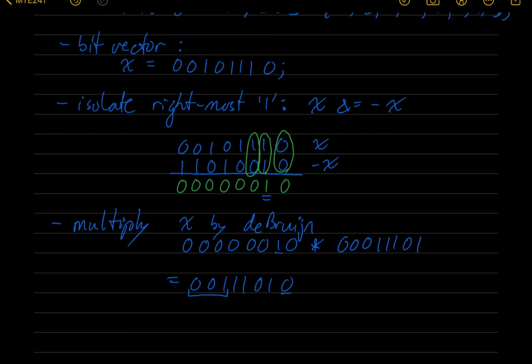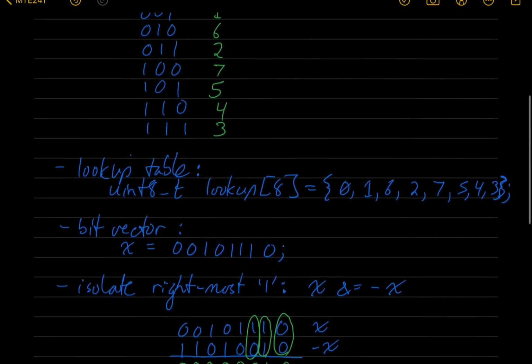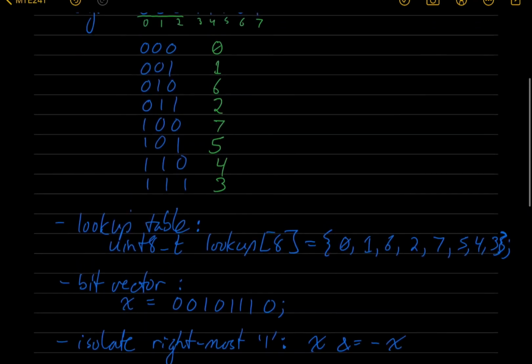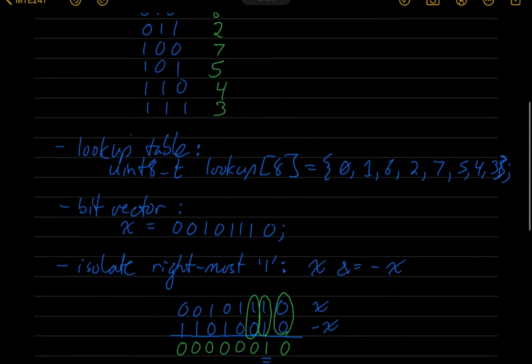So in this case we got 0, 0, 1. So if we go back up here, if we look here, that tells us that it's been shifted by 1 position.